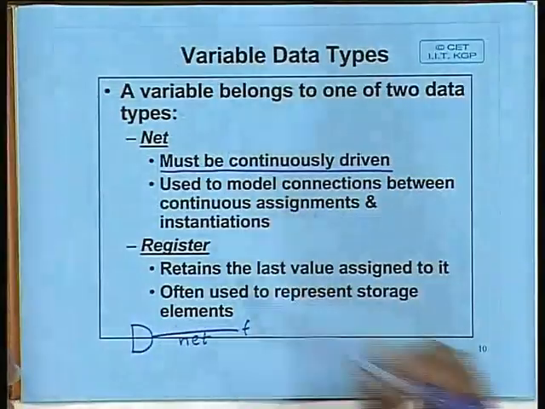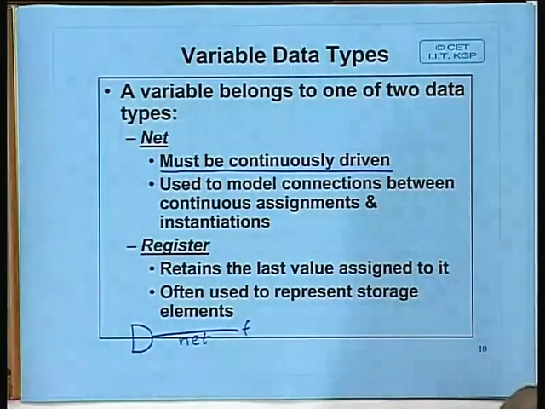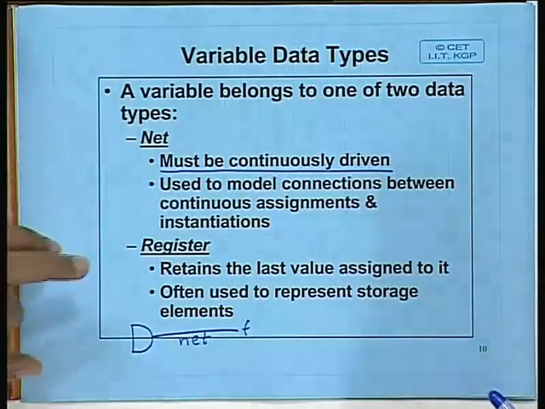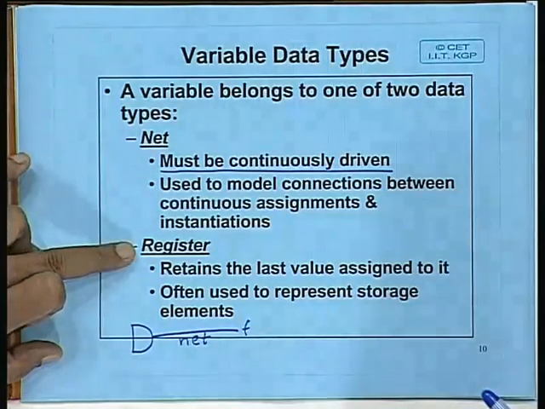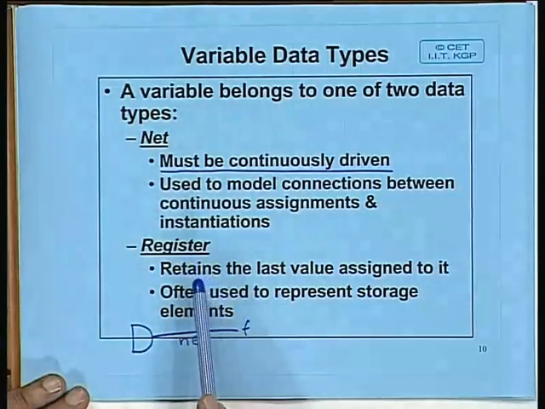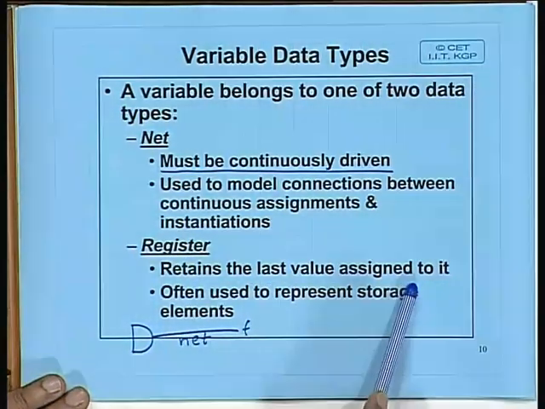And as I mentioned, this is typically used to model interconnection between modules. Continuous assignment, instantiations, we have used those things in the examples I have shown. And a register, as the name implies, is supposed to retain the last value assigned to it.